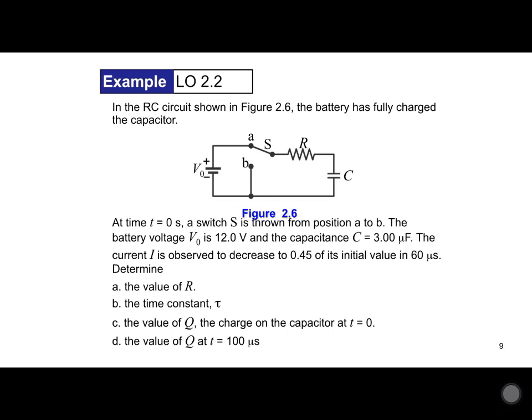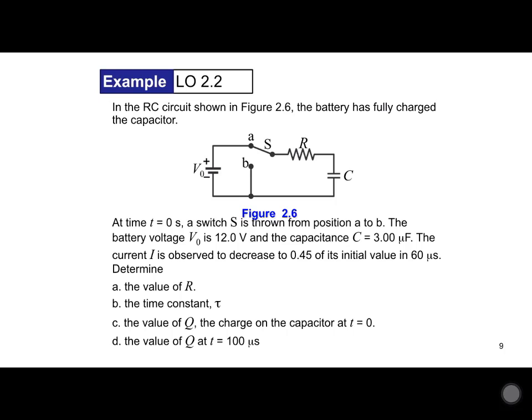The current I is observed to decrease to 0.45 of its initial value in 60 microseconds. Determine the value of R, the resistance of the resistor.